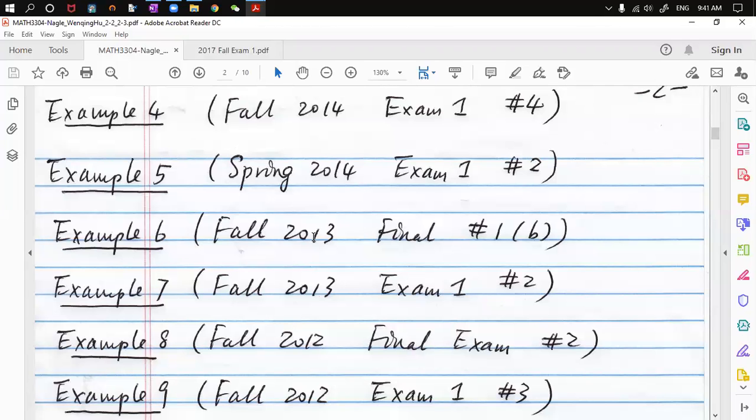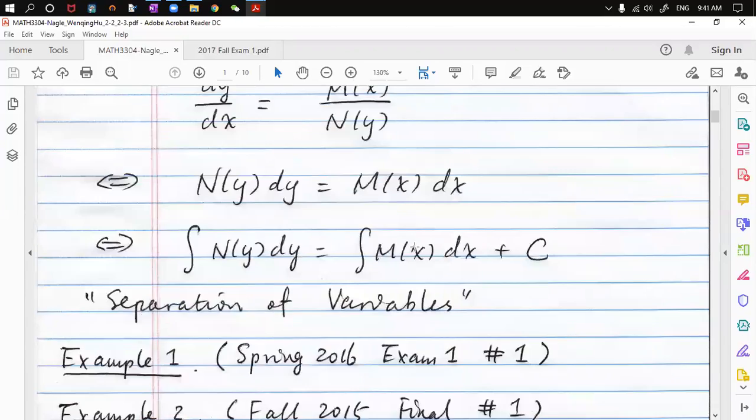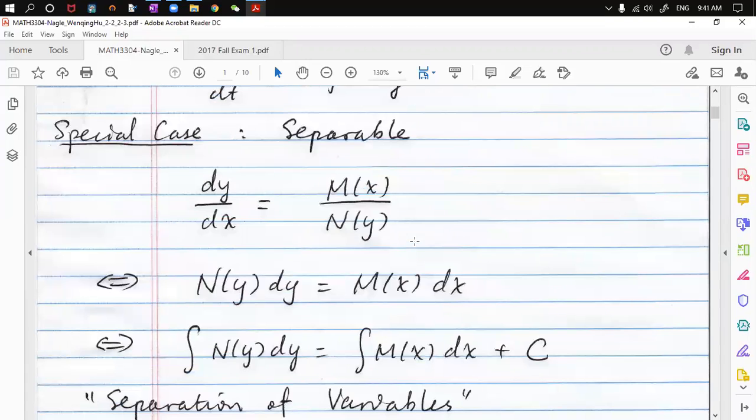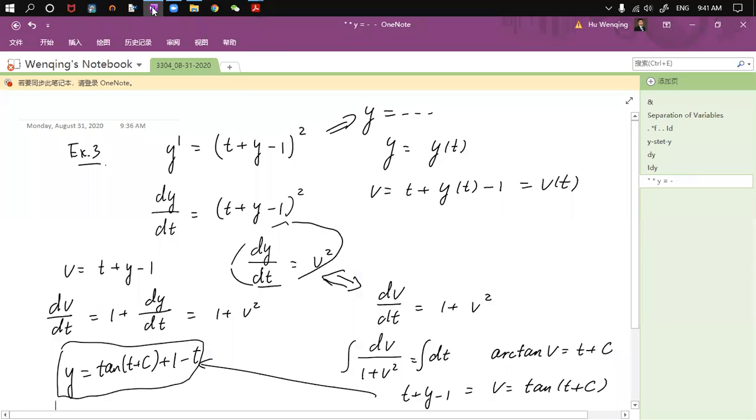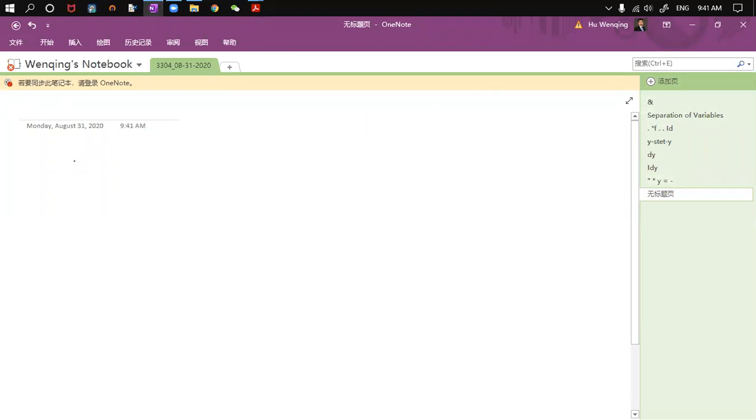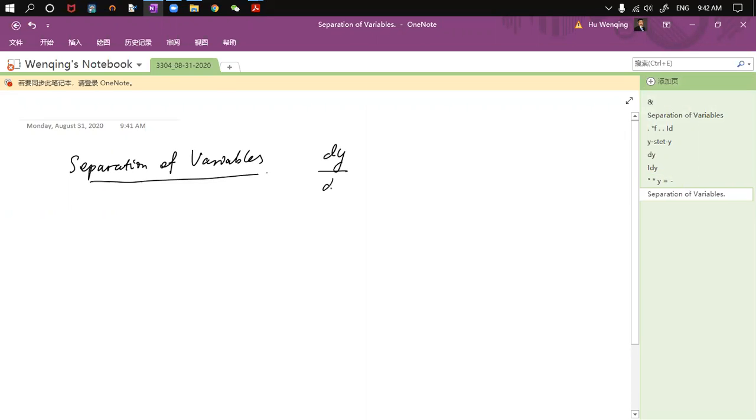Now let me briefly summarize separation of variables. If you have an equation in a separable form, then it must look like dy over dx equals m of x divided by n of y in general.